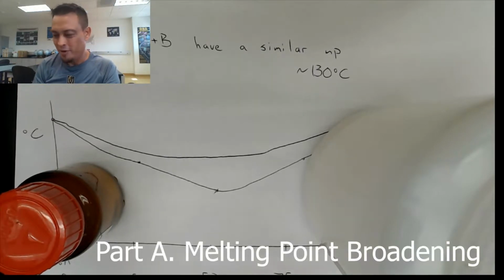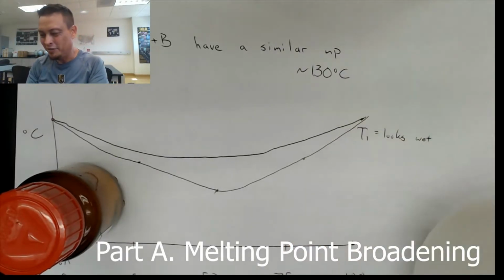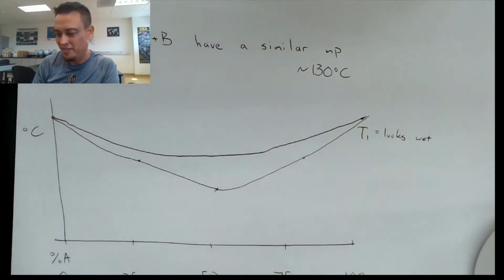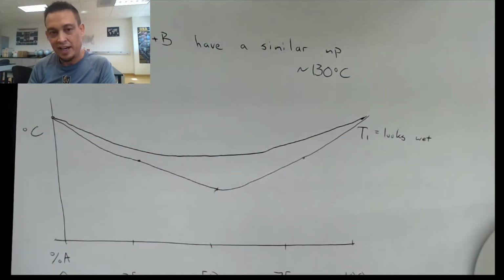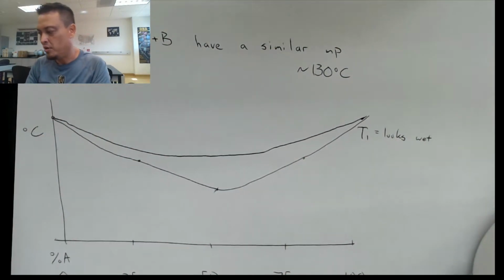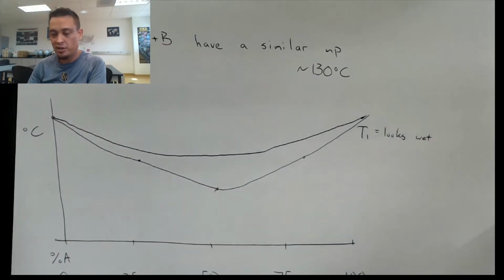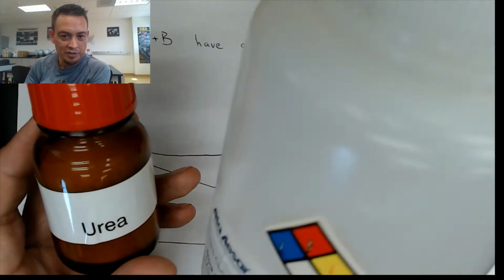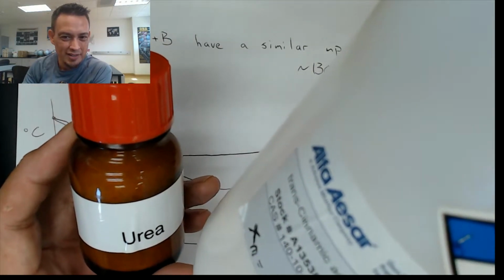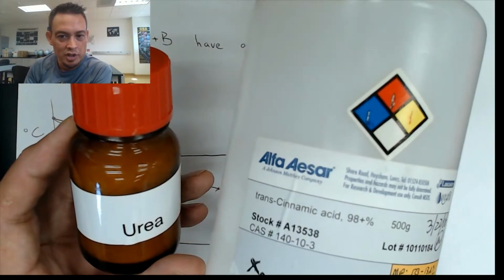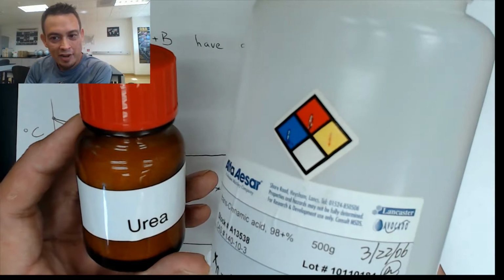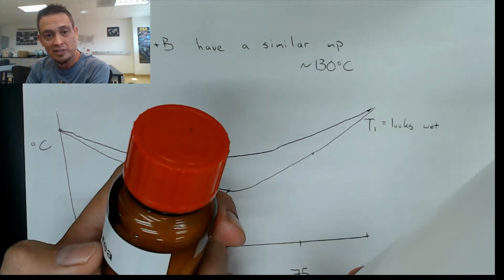So a big part of this procedure here, part A, obviously, is that you're going to actually generate this graph using data from 2 different compounds. So it turns out that if you read the procedure, these 2 compounds, urea and tranexamic acid, show up there, tranexamic acid not on the bottle here, but these have roughly the same melting point.